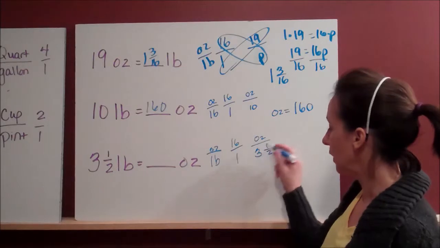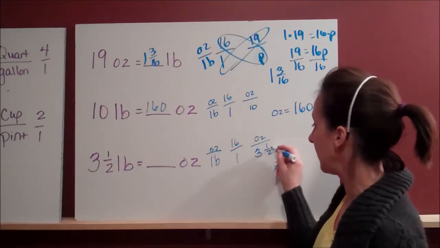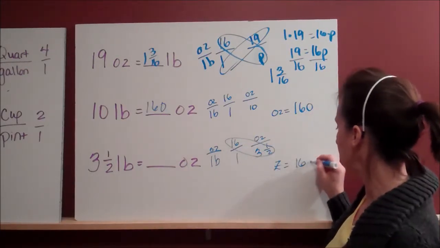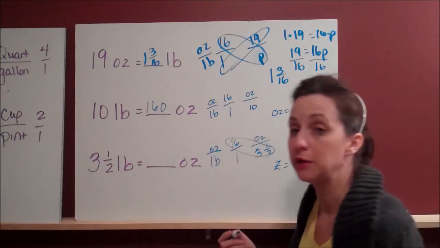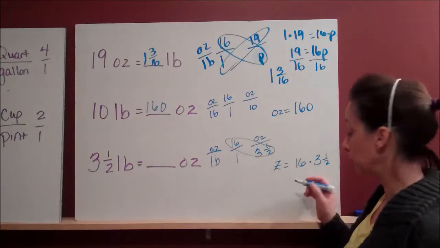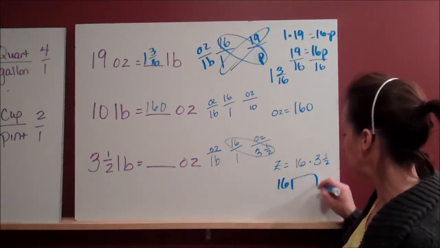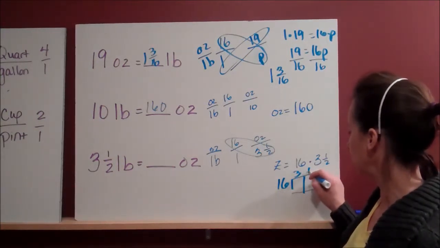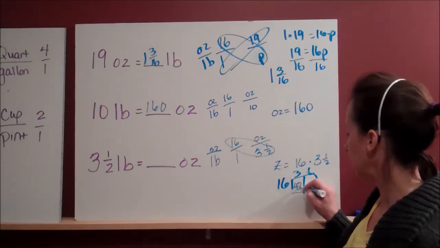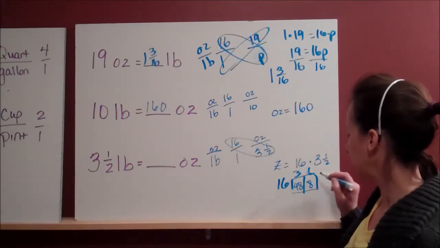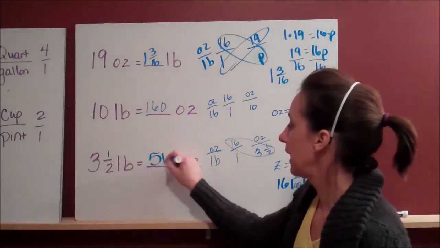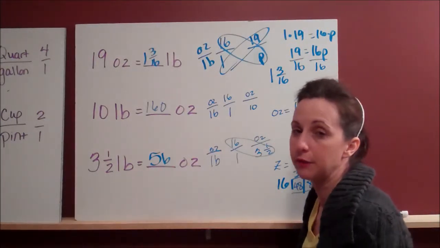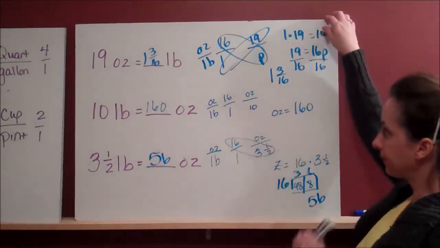So 1 times Z is 1Z, or just Z. And then I have to do 16 times 3 and 1/2. And for this, I remembered how to use the distributive property because it's multiplying. So I did 16 times 3 and 16 times 1/2. 16 times 3 is 48, and half of 16 is 8. And so 56 ounces is what is in 3.5 pounds.